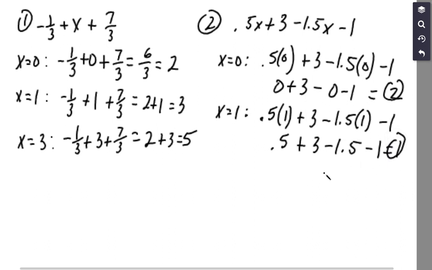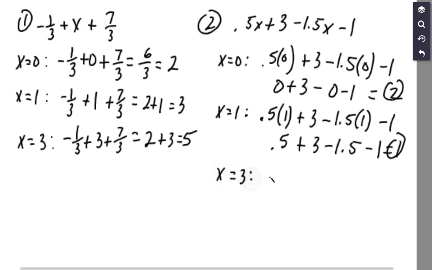Now I'm going to evaluate this if x is equal to 3. That was the number that I chose. Okay, so I'm going to put x is equal to 3.